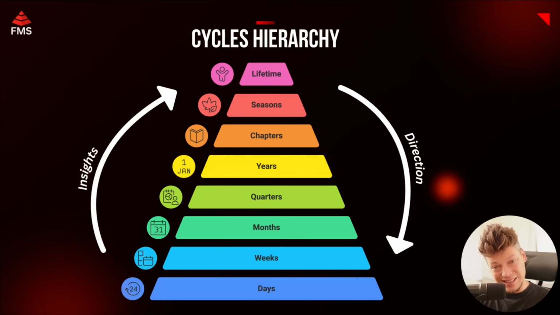And aggregated insights, they help define and redefine and refine that direction. So higher cycles set the direction, lower cycles execute that direction. Lower level cycles generate insights, and then higher level cycles refine that direction based on the insights. And if you think about it, that's really the cornerstone of all personal development. And this is also an infinite cycle of self-improvement.